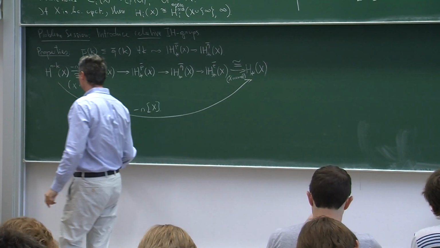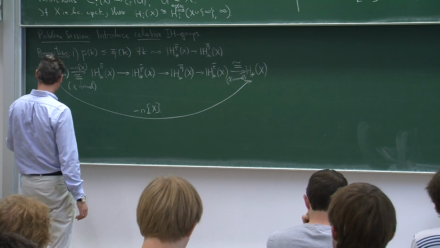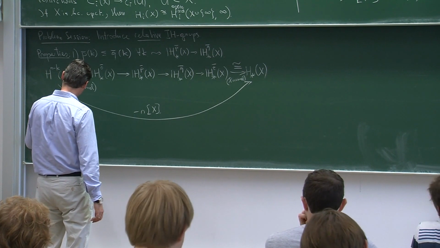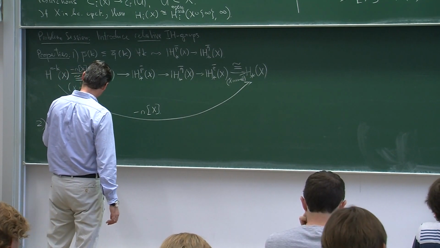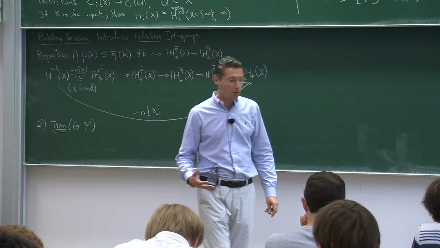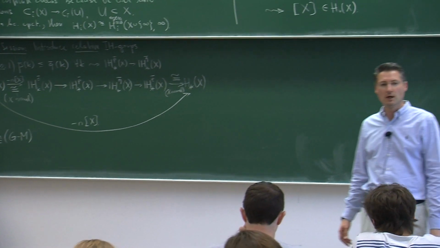Now the main property, however, is the following, and that's of course a theorem due to Goresky and MacPherson. The main goal was to restore Poincare duality. So of course, which form does Poincare duality take now?